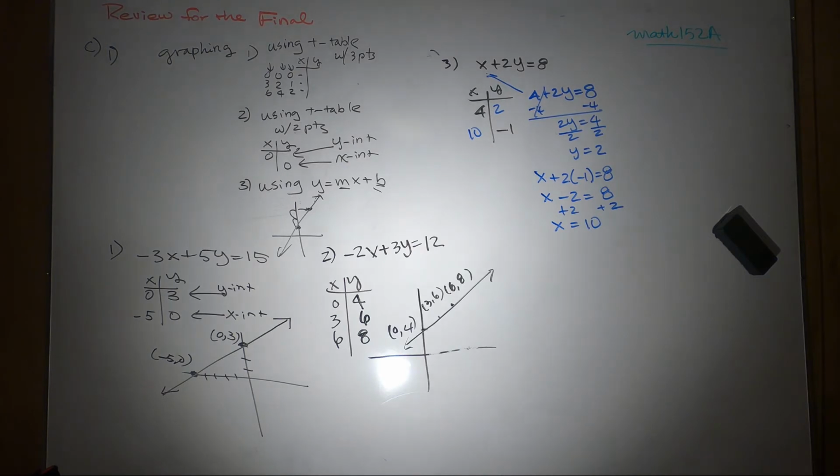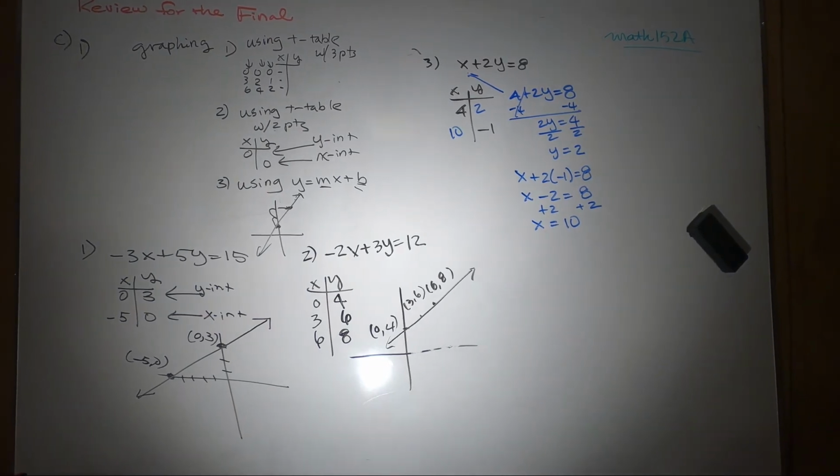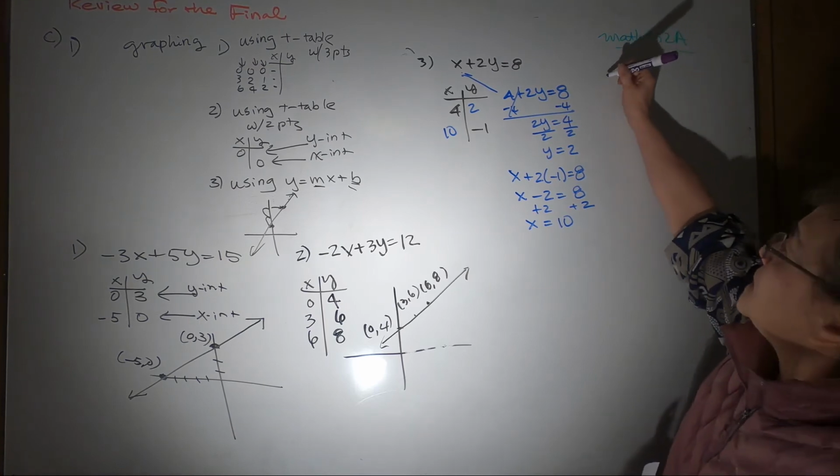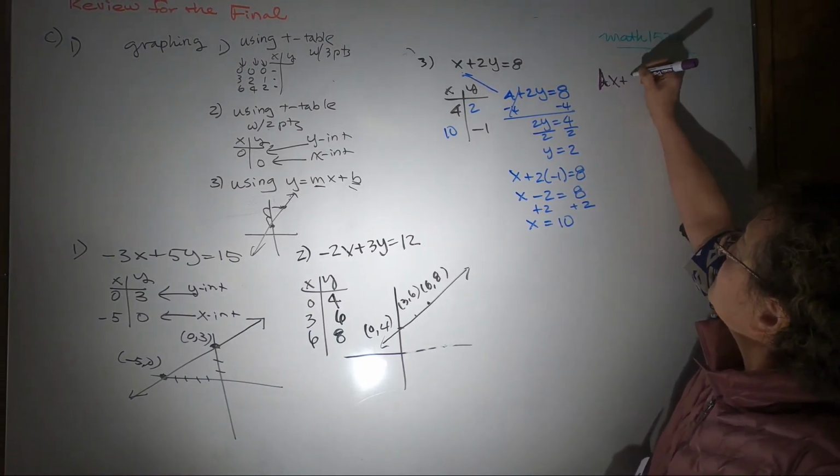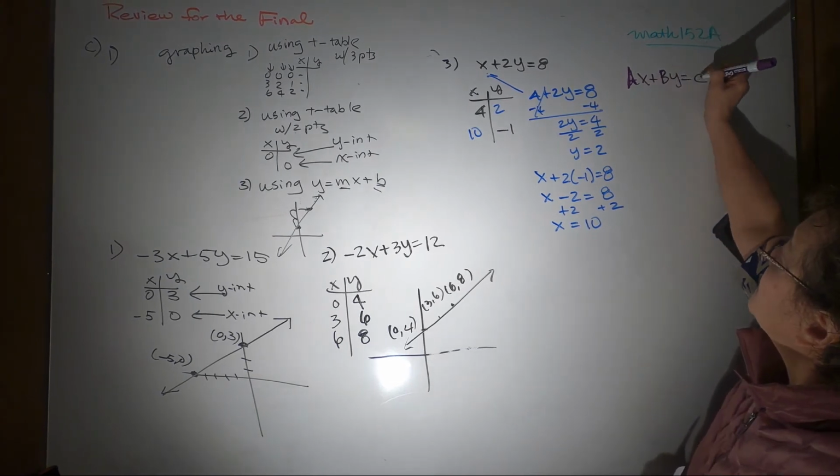Okay. Then we also, for the linear equations, we said there are 3 forms we usually use, right? First one would be what? Standard form. That would be ax plus by equals c, right?